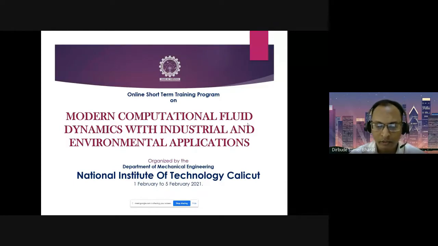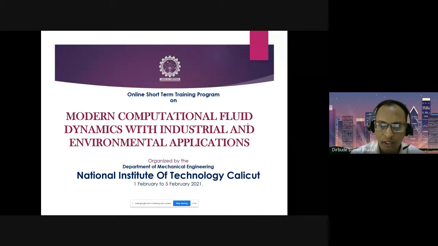Over the period of around 50 years of CFD, a large body of literature has evolved into something which we now call modern CFD. The aim of this short-term training program is to discuss all these modern techniques which are based on finite volume methods, from high-end applications in industry and the environment to machine learning in fluid mechanics and heat transfer.